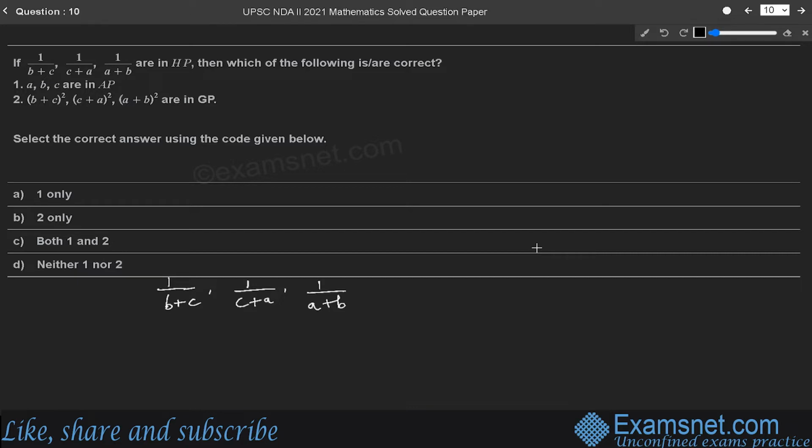Second statement is B plus C whole square, C plus A whole square and A plus B whole square are in GP. Again the question comes from arithmetic progressions and geometric progressions, and it is given that 1 by B plus C, 1 by C plus A and 1 by A plus B are in HP. Since they are in HP, it means that B plus C, C plus A and A plus B are in AP.